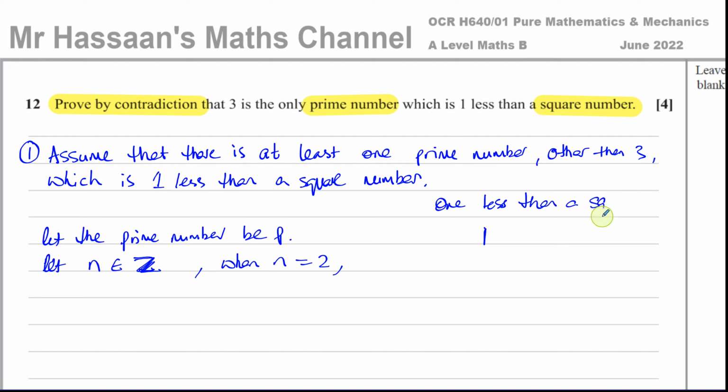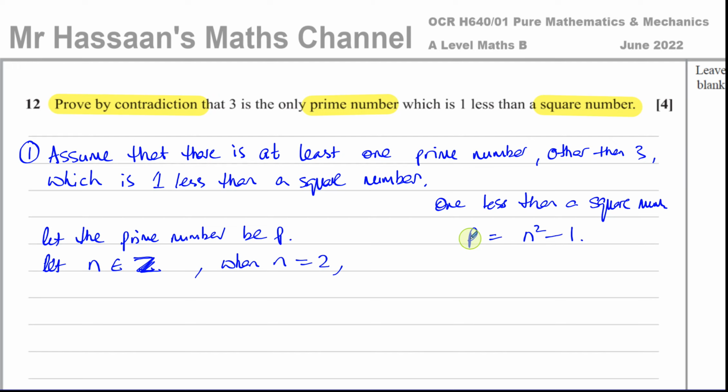Our prime number P is going to be equal to n squared minus 1. n squared minus 1 is 1 less than a square number. And that's the prime number we're looking for.